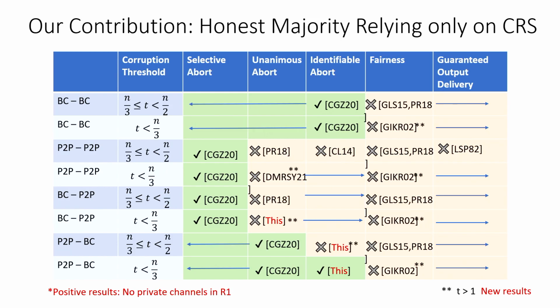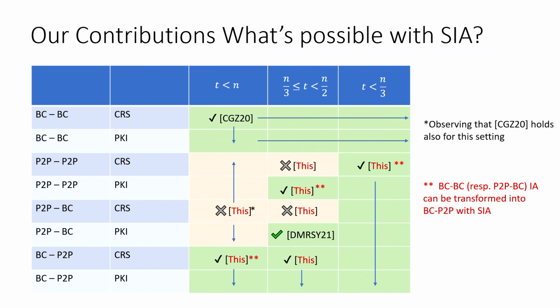Okay? So as an additional result of our work, we study what's feasible and what's not in the context of selective identifiable abort. And we give a complete characterization for the two-round setting, both in the dishonest majority and in the honest majority, relying both on CRS and PKI. Okay?